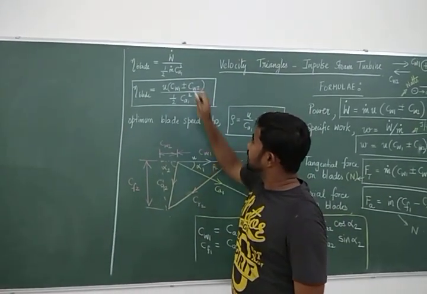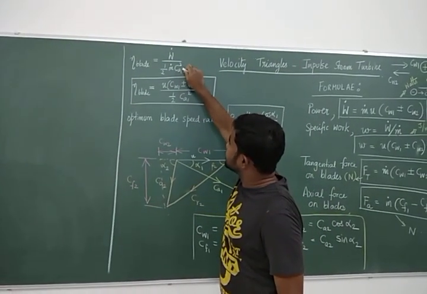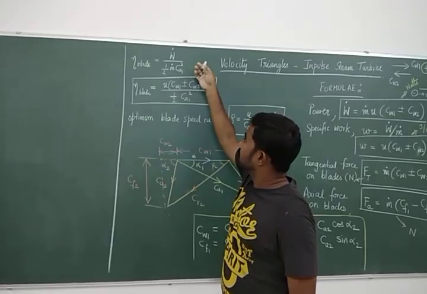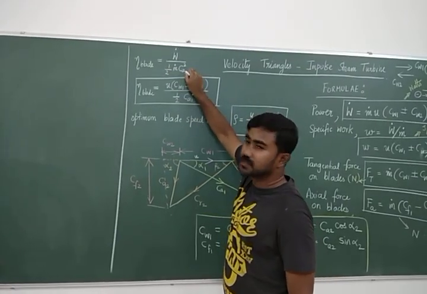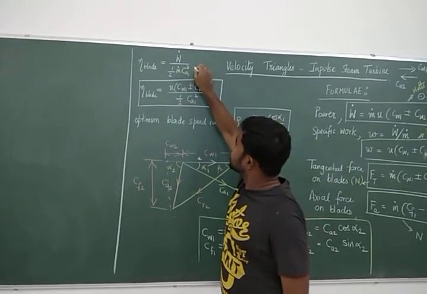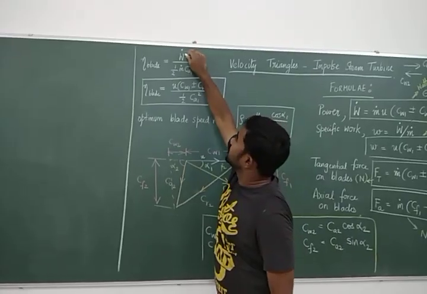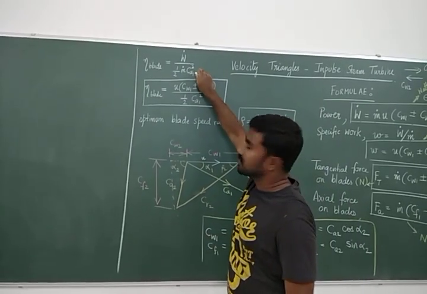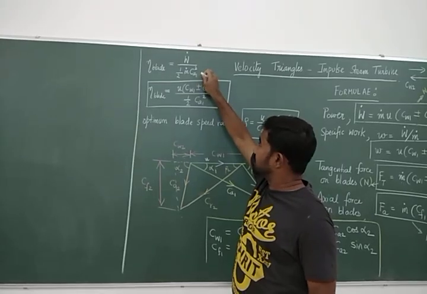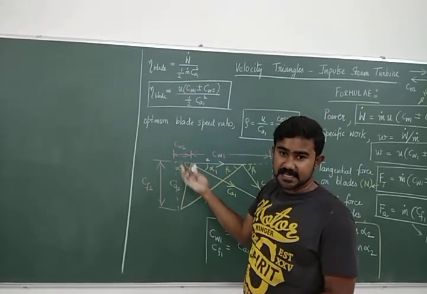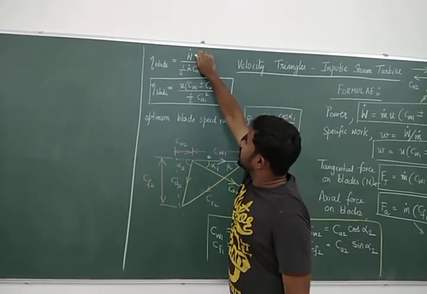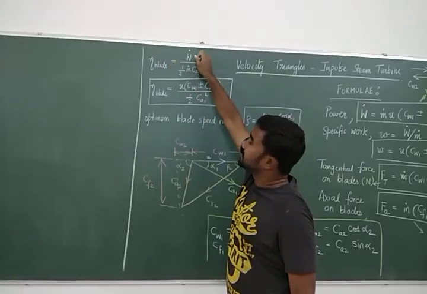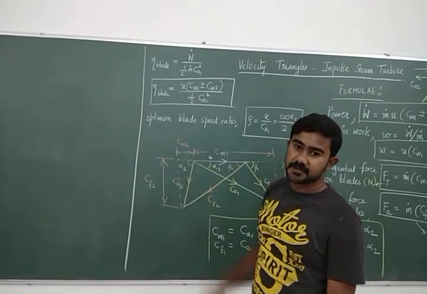For an impulse turbine, the inlet energy is completely kinetic energy. And you know, kinetic energy is half m dot into c square. So this is the inlet energy, and the outlet energy is the work done by the rotor. The fluid is coming at a velocity of Ca1, so its kinetic energy is half m dot Ca1 square. And the output of the blade is going to be the rotation of the blade or the power transmitted to the blade.